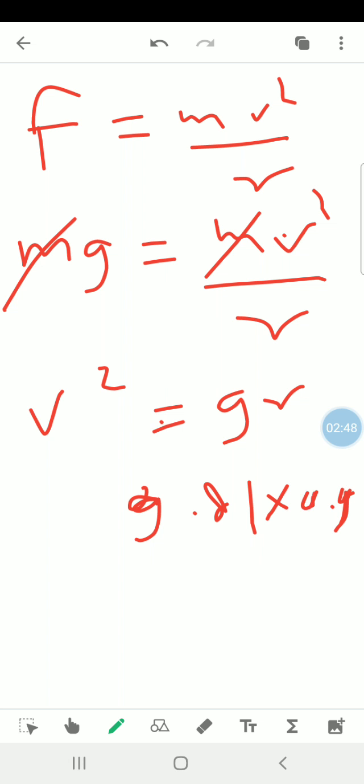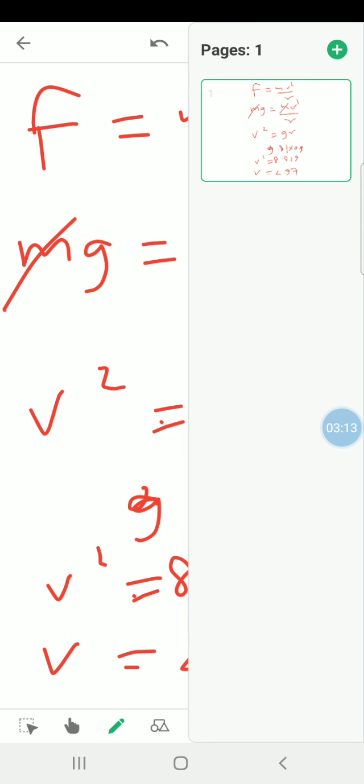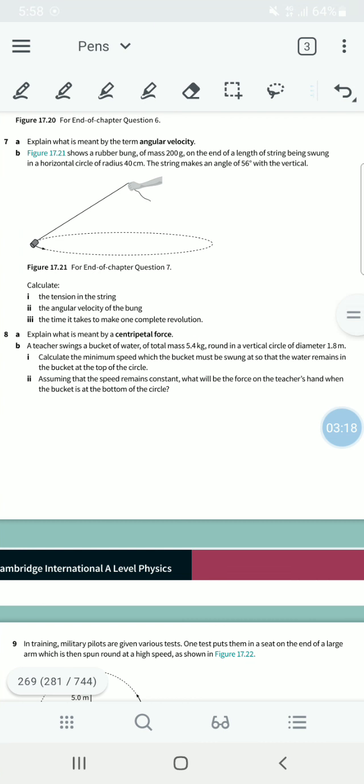Then you do this calculation, you will get v squared to be 8.829. Then you find the square root, then v is going to be 2.97 meters per second. Somewhere around 3 meters per second is the speed at which she will have to swing it to make sure that the water does not flow out of the bucket.